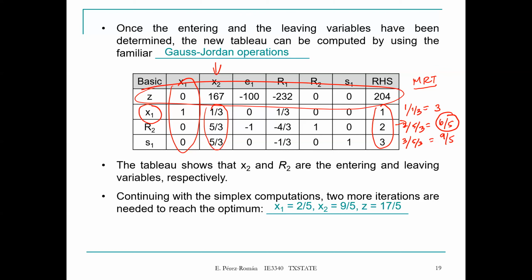So for example, when you have equalities or greater or equal constraints, then you don't have the slack variables to start the algorithm. So we have explained how to use the M method and artificial variables to find that initial solution and to apply the simplex method after finding it.